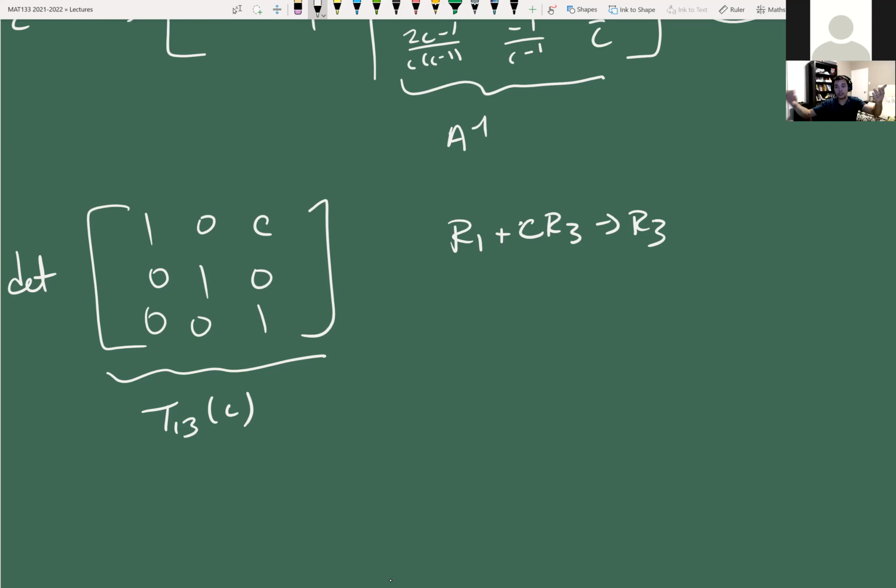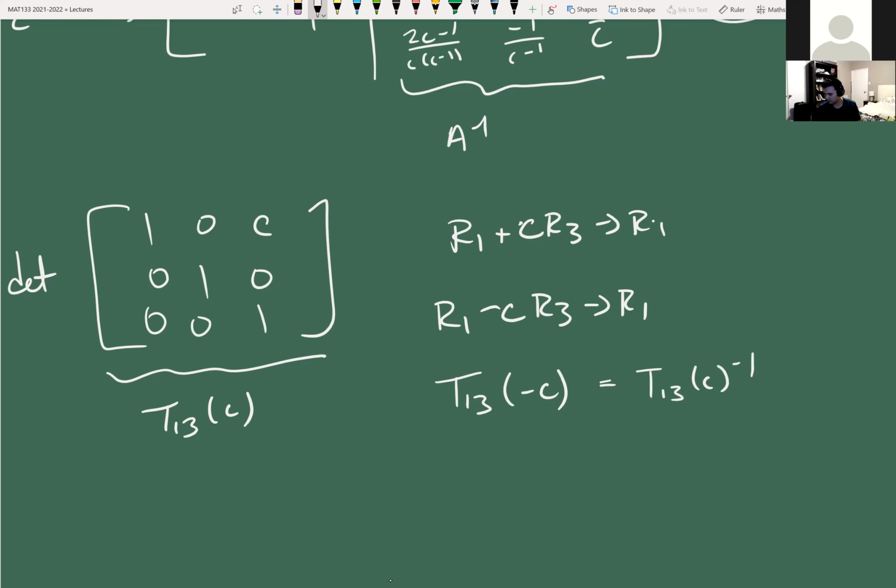How would you get rid of it? You would subtract C times R3 from R1. So the inverse should be row 1 minus C R3 into row 1. Does that seem reasonable? So we would hypothesize that T13 of negative C is actually the inverse of T13C. And you can check to see if it's true.